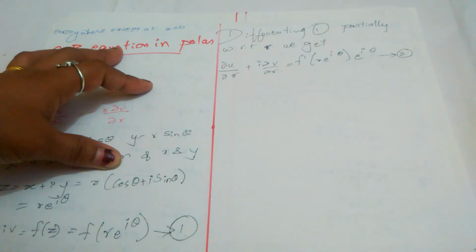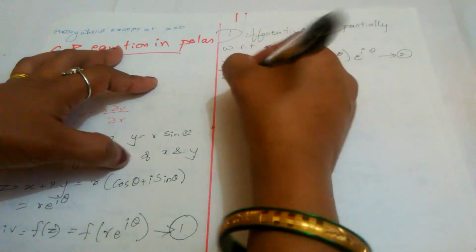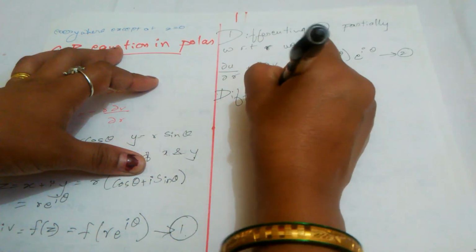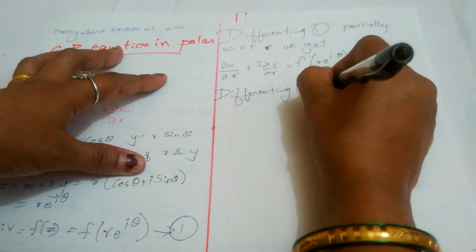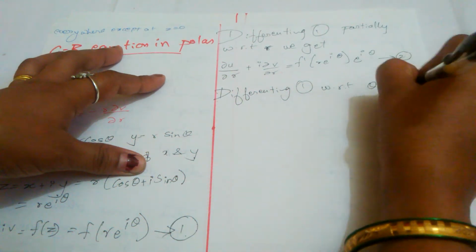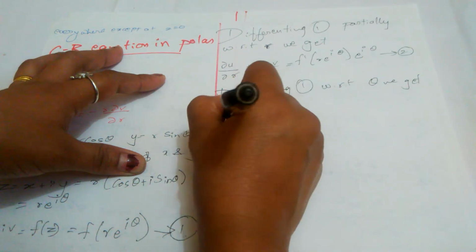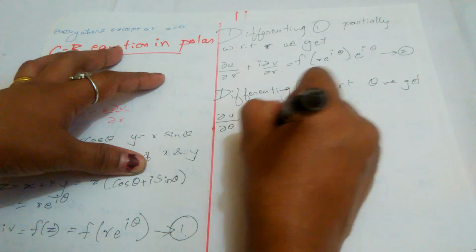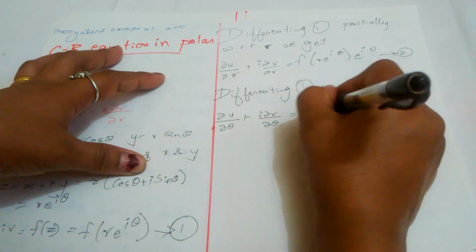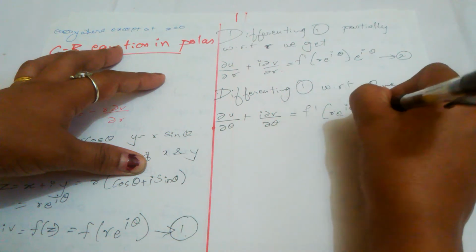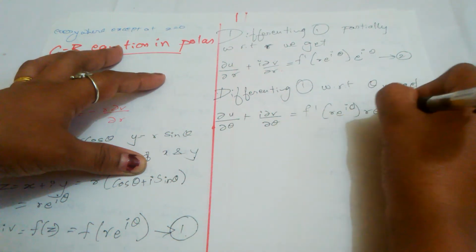Now again differentiating equation 1 with respect to theta, we get du by d theta plus i delta v upon delta theta, which is equal to f dash of r e^(i theta) into i r e^(i theta).